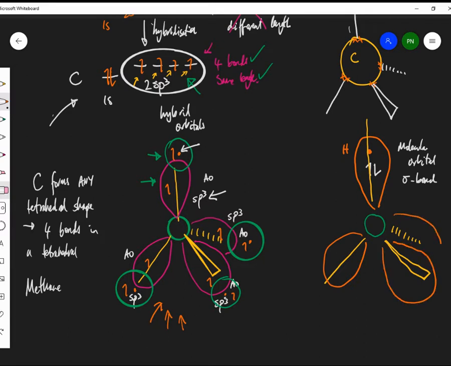It snaps to the grid, as they say, and this one. There's a hydrogen there, hydrogen there, hydrogen there. H, H, H. How many electrons are in each of these new molecular orbitals? There are two. They're all sigma bonds. All of them are sigma. Are we good with that?